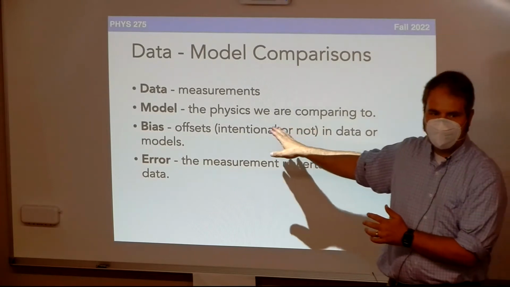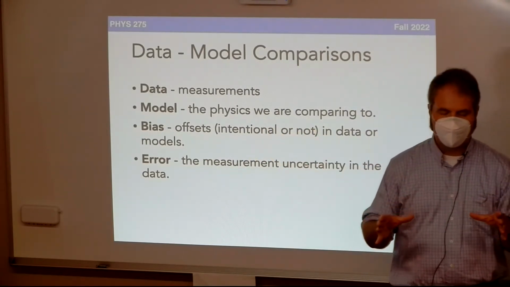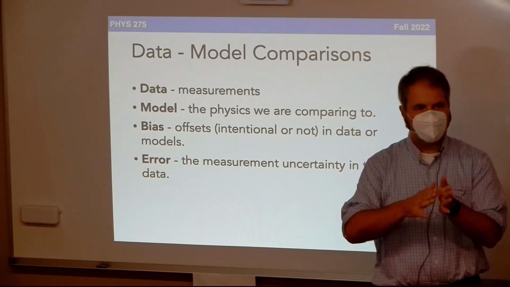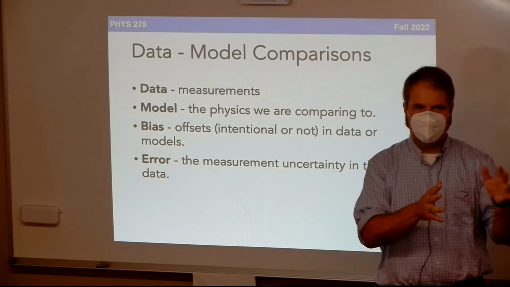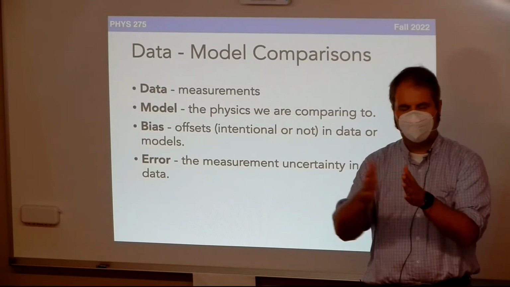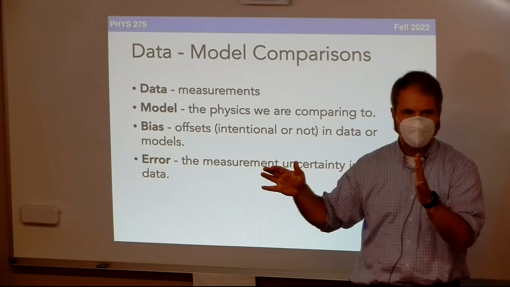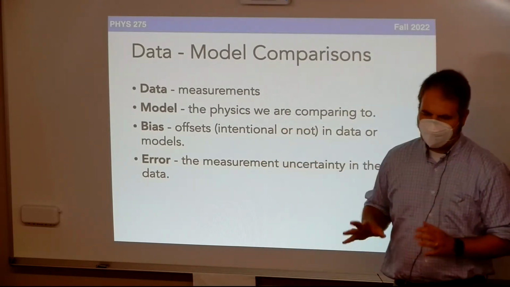We often do intentional ones, for example, because a digital camera becomes linear if you give it a certain charge to begin with. Anywhere between 0 and 10 is sort of nonlinear, and then after 10 until 10,000, it's beautifully linear. So you give it that charge intentionally. You flash it first, for example. And so there are biases in both data and model.